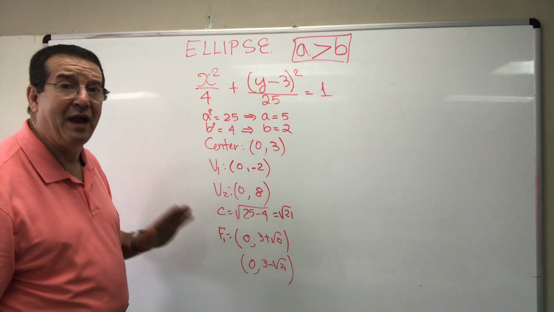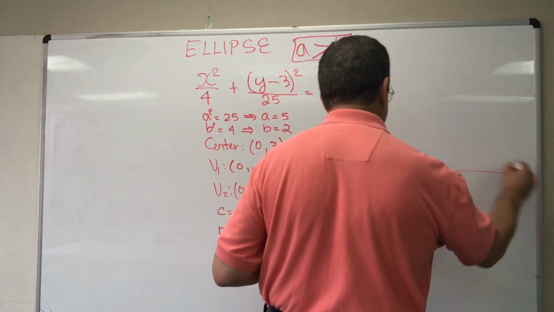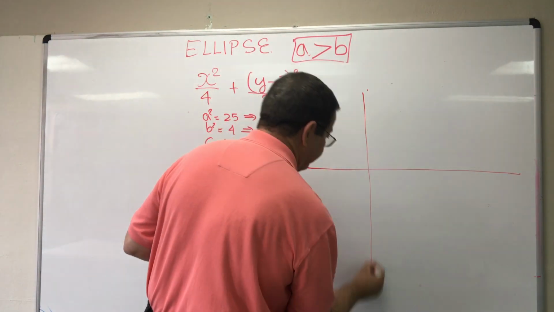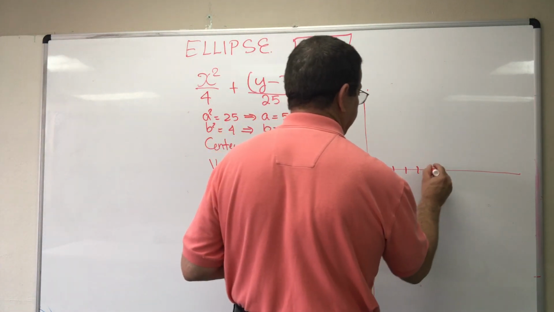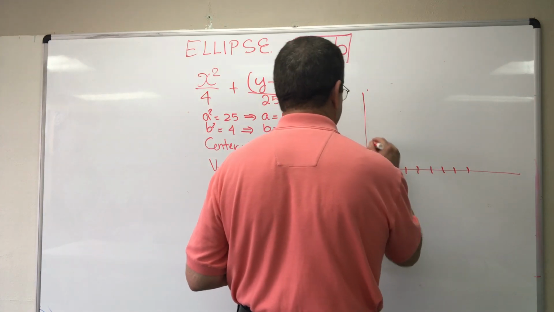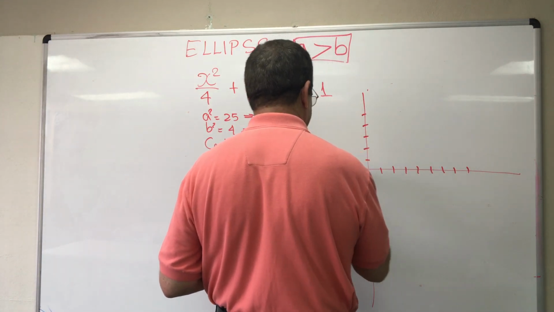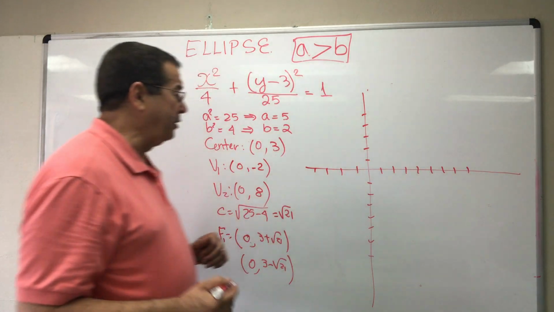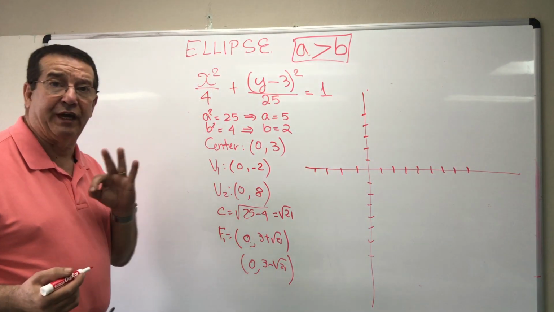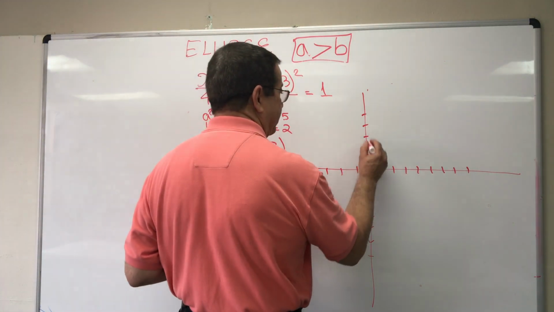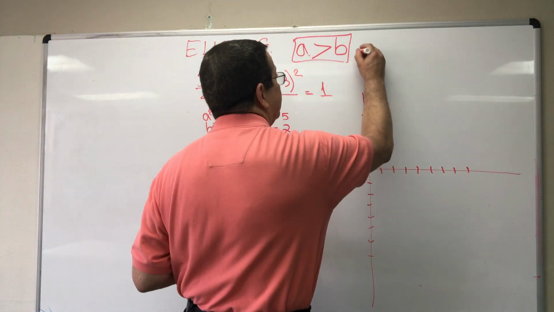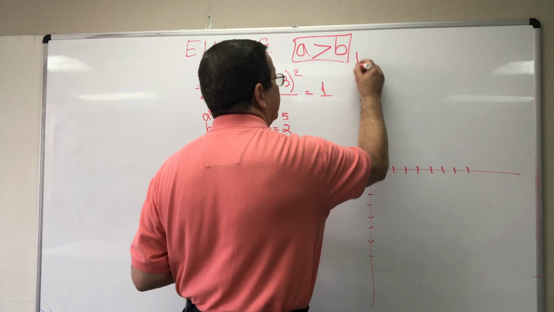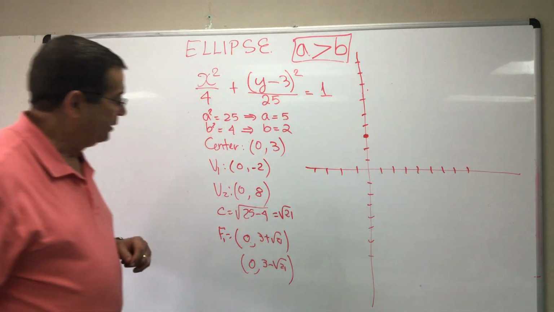I'm going to create the graph now. The graph. The center is 0, 3. 0, 1, 2, 3. This is the center, 0, 3.